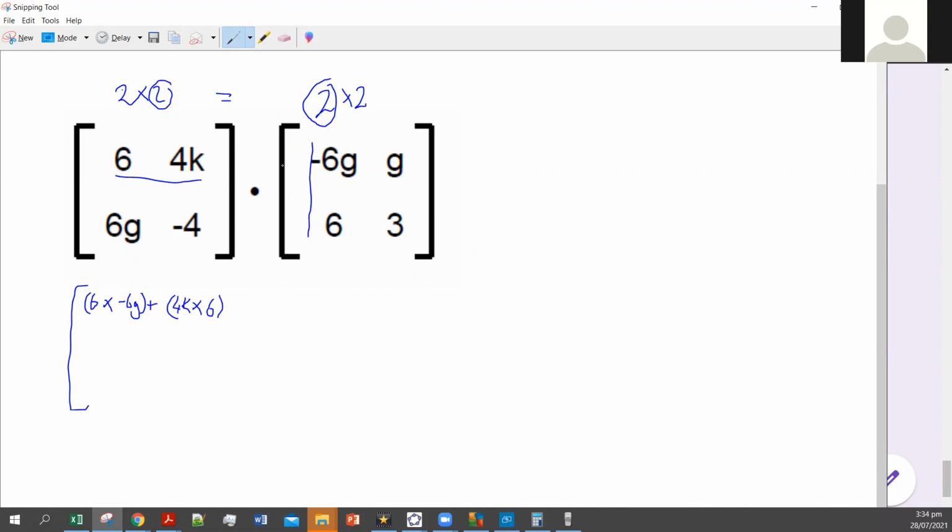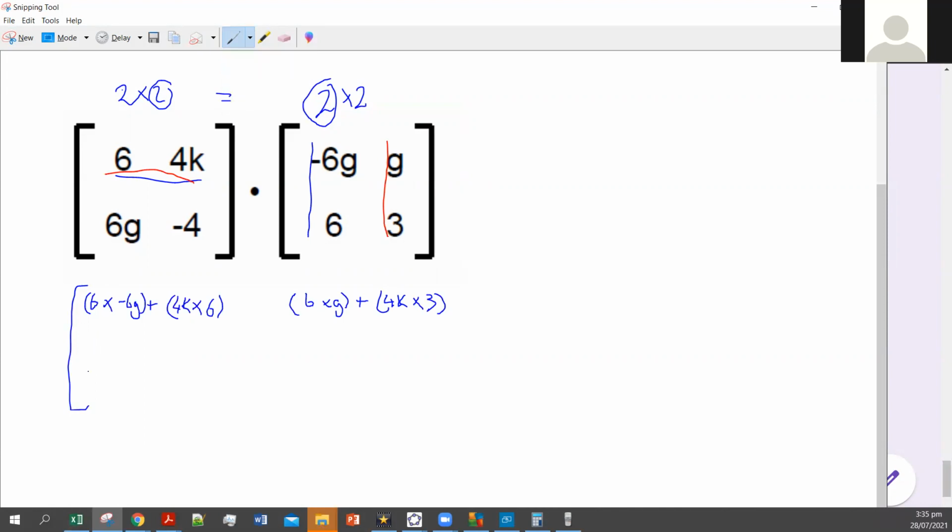So the first element, the first element, the second element, the second element, that goes into that. Then on the second one, first row, second column, it will be 6 times g plus 4k times 3. So for the second one, I went first row, second column. And that is basically how we do it.